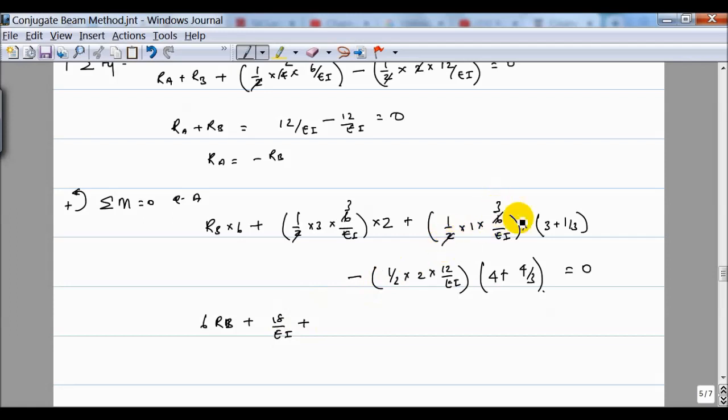This one 3, so here this is 10 over 3, so 30 over 3 EI, minus here it is 3, 12 plus 4, 16 over 3, so 16 into 12. 16 into 12 is how much?